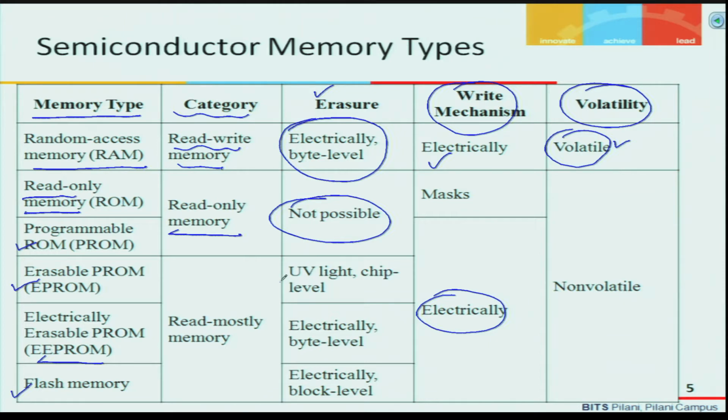So, erasing technology can be either using ultraviolet light, where the complete chip is erased, or in electrically erasable you can erase byte by byte, and some bytes can be erased and then new information written. So, the complete chip will not be wasted. At the chip level means the whole contents you have to remove and then the new contents you can put in. So, small corrections you cannot make.